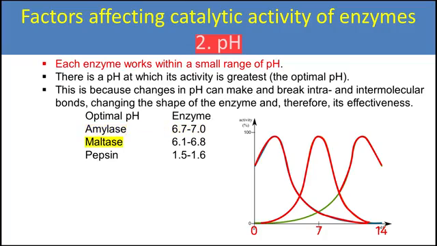What about maltase? Intestinal maltase can also do its job near neutral pH. But in the case of pepsin, pepsin is the enzyme for protein degradation into small amino acids or smaller chains.